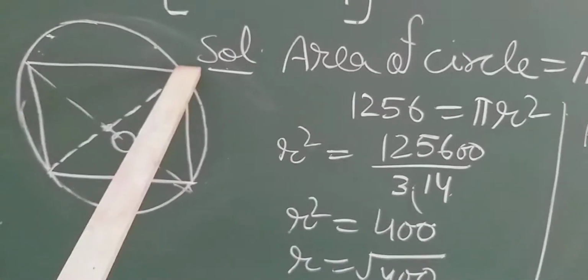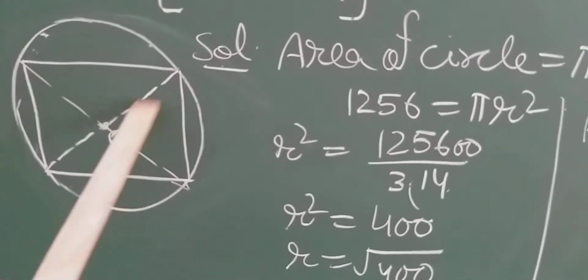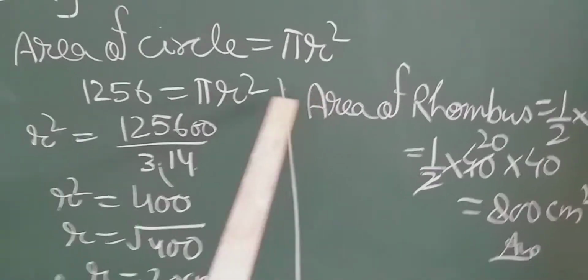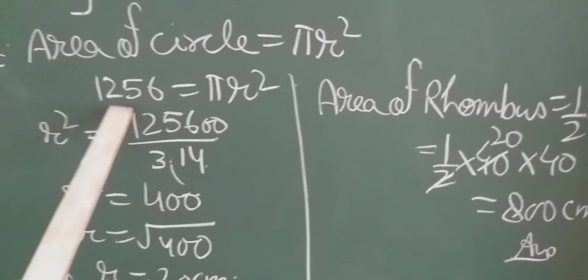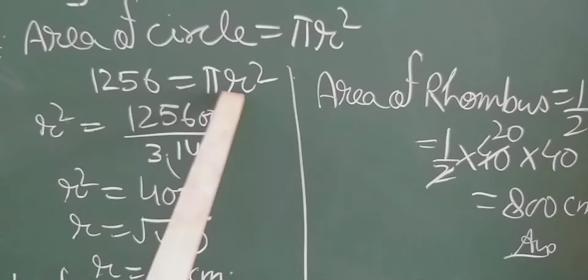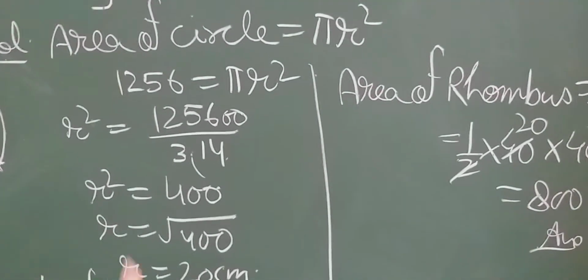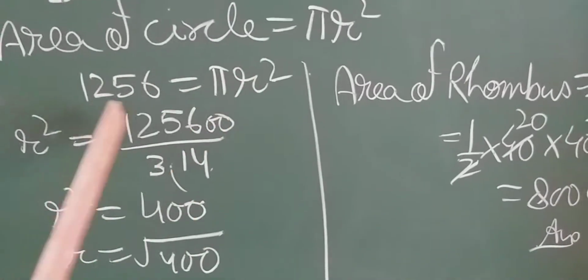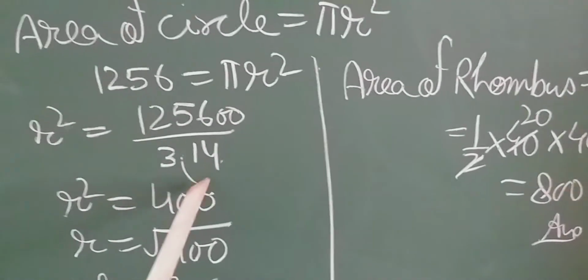First of all, let us calculate the radius of the circle. Area of circle is pi r square, so 1256 equals pi r square. R square equals 1256 upon pi, pi value 3.14.